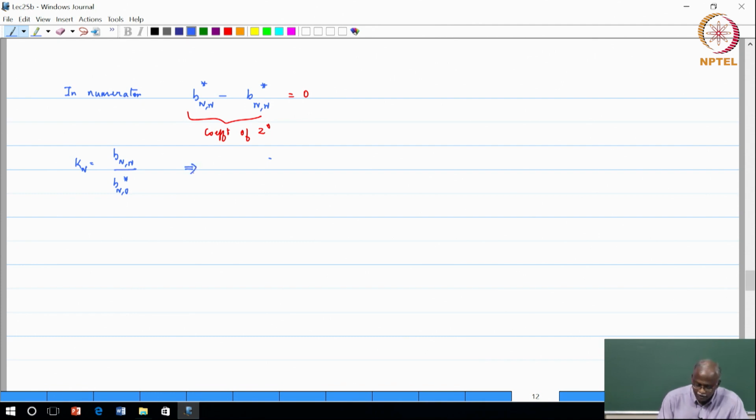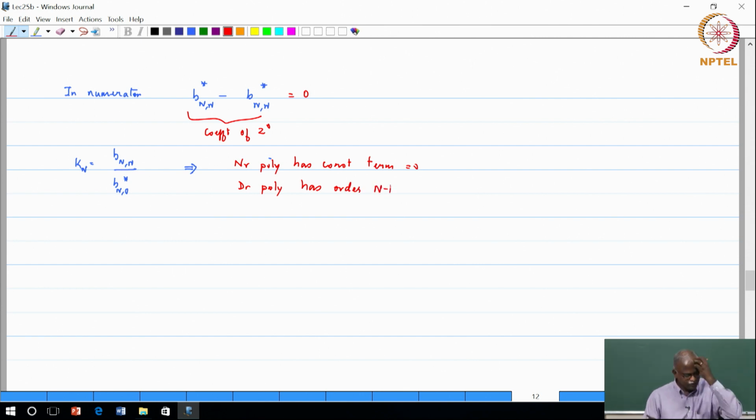This guarantees the following: the numerator polynomial has constant term equal to 0, and the denominator polynomial has order n minus 1.